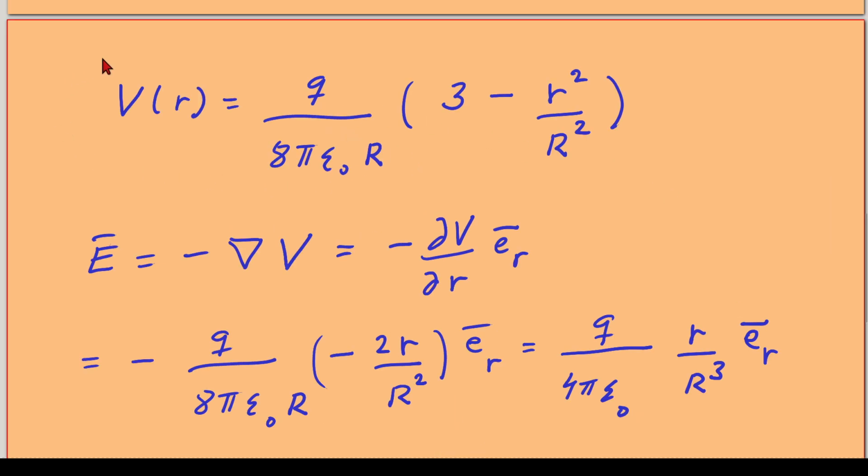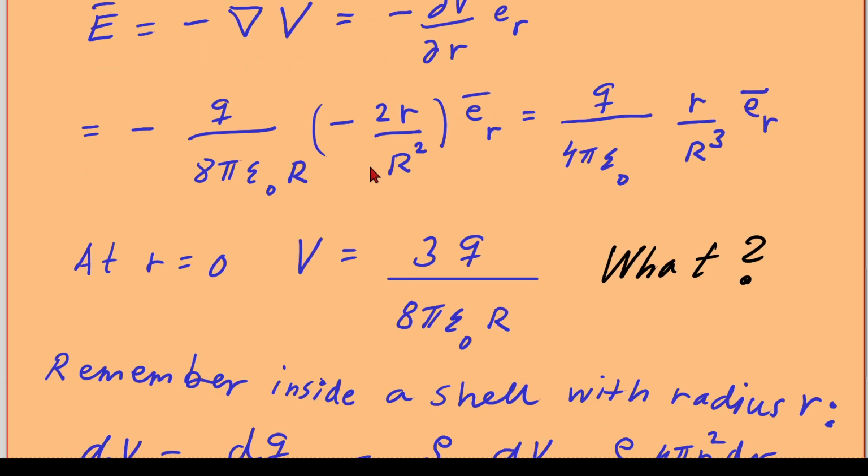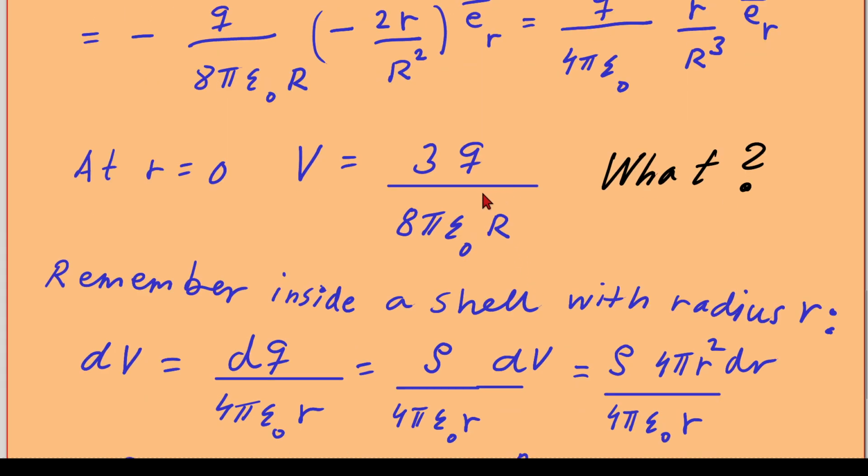So this is a simple result. But let's look again at this result. This is a little bit more complex, not obvious to us, is it? At the center, r equals 0, so then the potential is 3Q divided by this. That's what I write here. And why is that? Can we understand this? That's the potential at the center of a uniformly charged sphere.